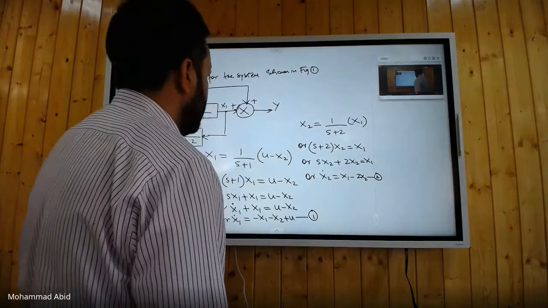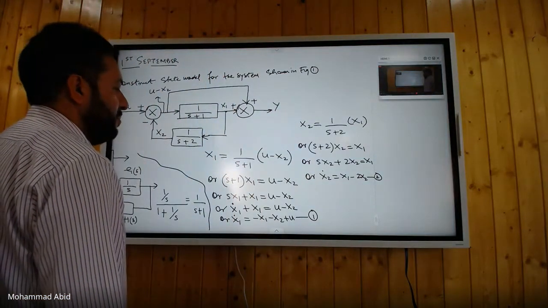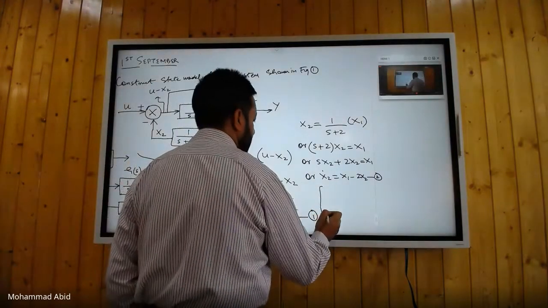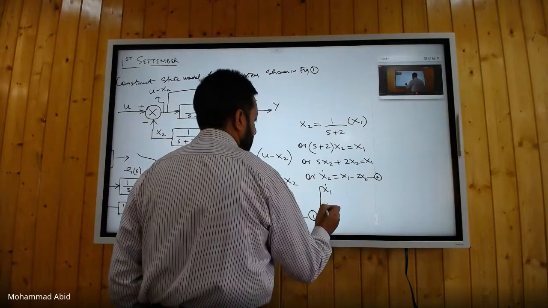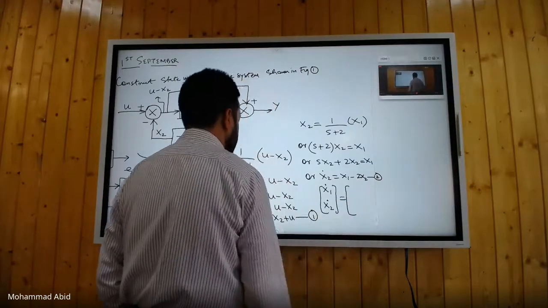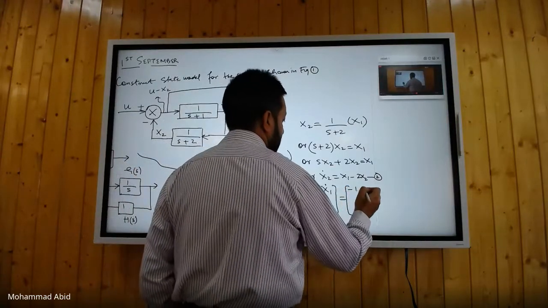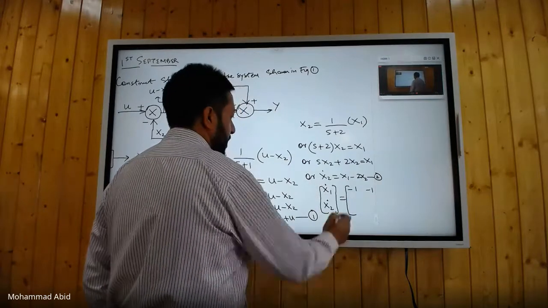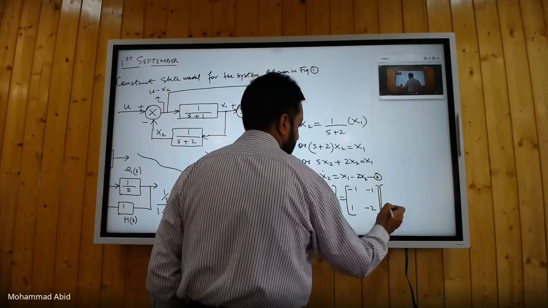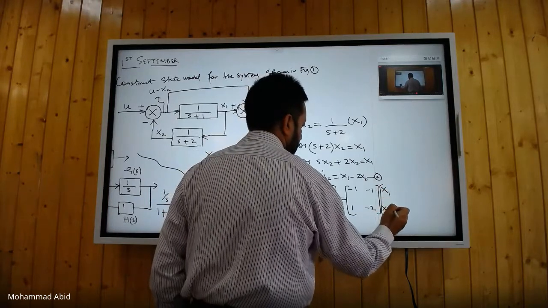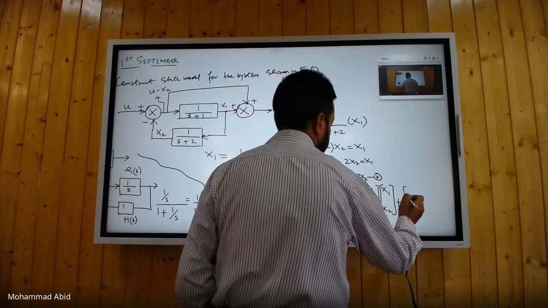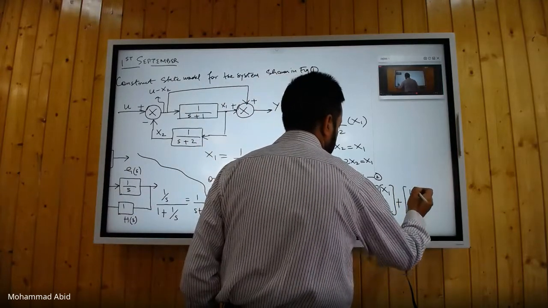Okay. Now I can write these two equations in matrix form. That will give me the state equation. Writing equation 1 and 2 in matrix form, what will I get? x1 dot x2 dot is equal to, yes, help me, minus 1, then 1 and minus 2, then x1 and x2 plus 1, 0, u.